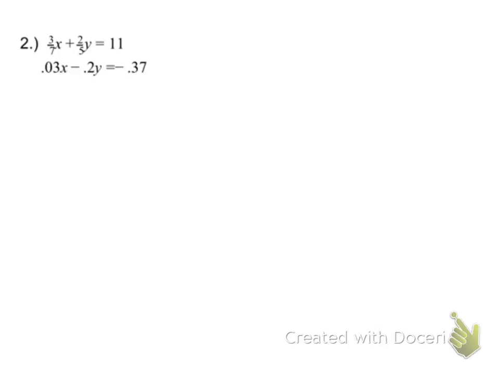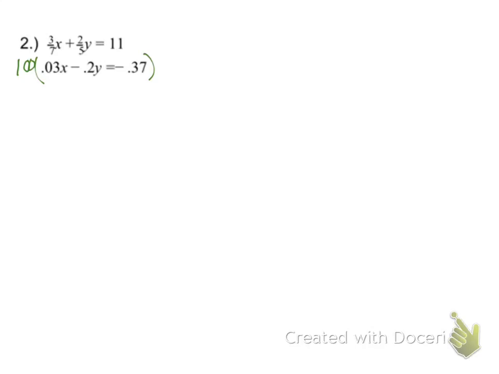Multiples of what moves decimals? By tens. Yes. In this case, I don't want to multiply both sides by 10. I want to multiply by 100 because I need to move 2 decimal places at most. So, yes, the second equation, I'm going to multiply the whole entire thing by 100.